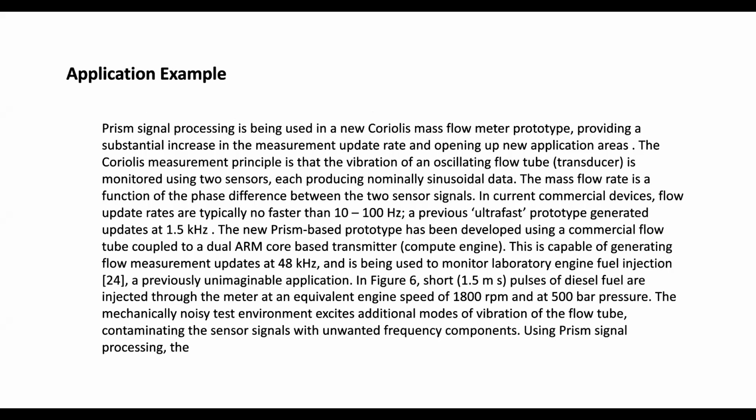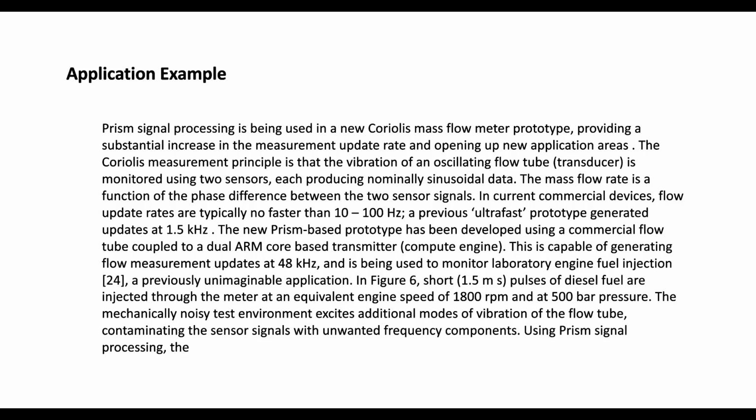The Coriolis measurement principle is that the vibration of an oscillating flow tube transducer is monitored using two sensors, each producing nominally sinusoidal data. The mass flow rate is a function of the phase difference between the two sensor signals. In current commercial devices, flow update rates are typically no faster than 10 to 100 Hz.